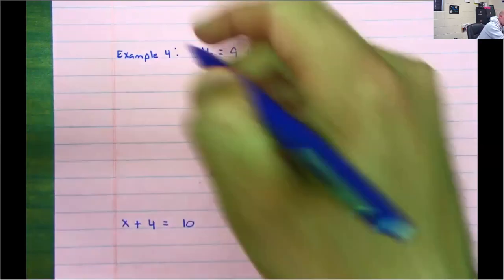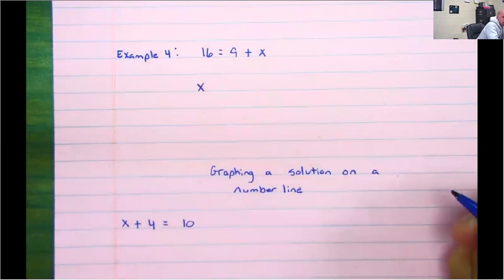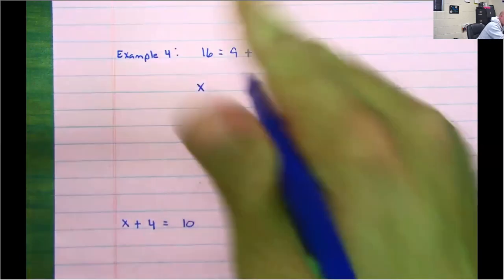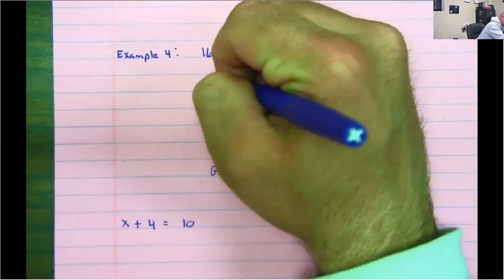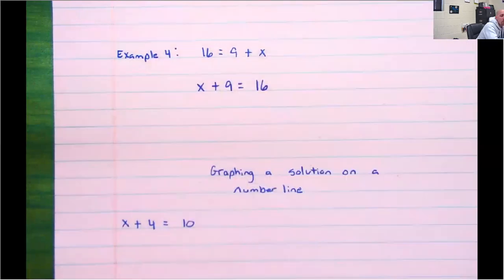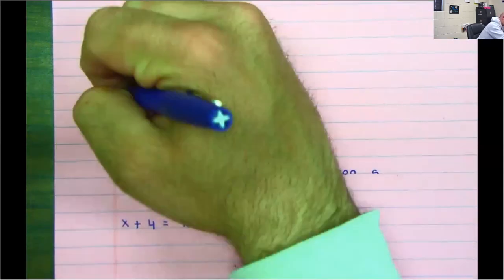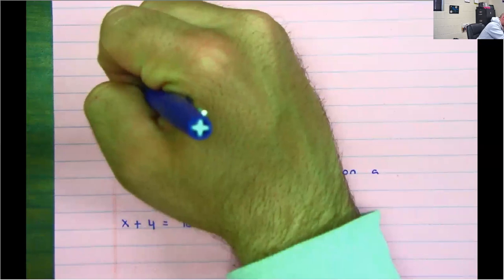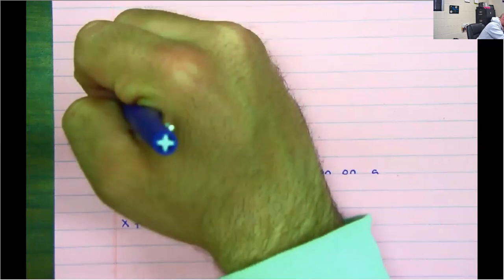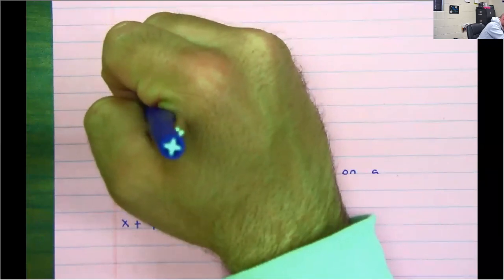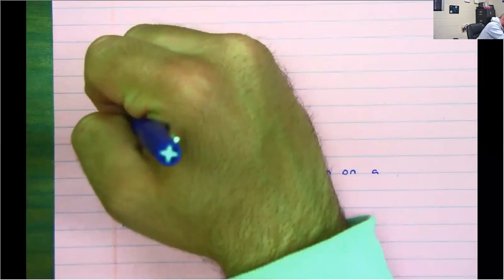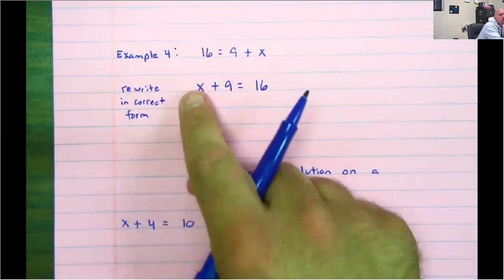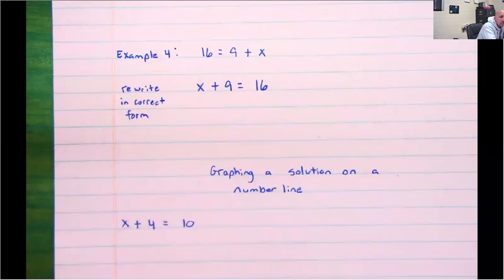Notice how this x is positive. Notice how the 9 is also positive. There you go. I just rewrote it. So that's my first step. I just want to rewrite this in correct form.